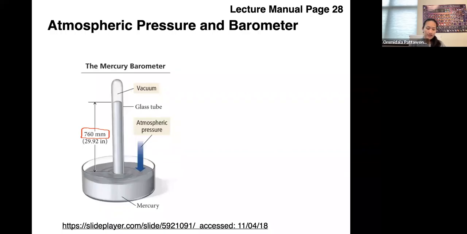Sometimes this unit right here, 760 millimeters of mercury, we also call torr. It is named after the scientist who invented the barometer. So these two, millimeters of mercury and torr, are the same.